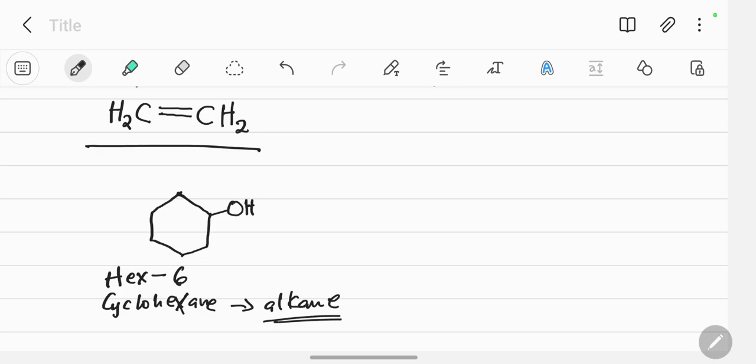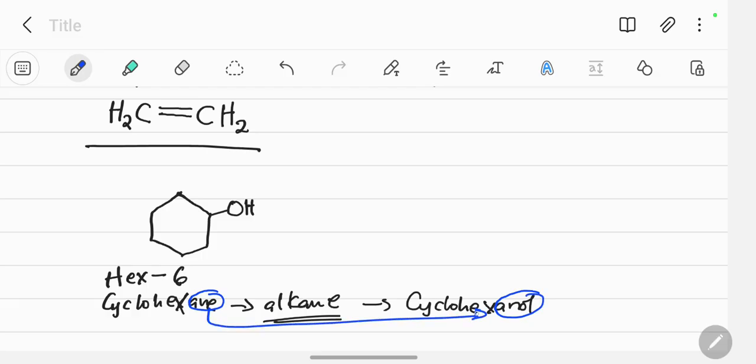When I want to generate the alcohol, I just call it cyclohexanol. I think so. I'm removing this N and replacing it with that. So I will minimize this also.